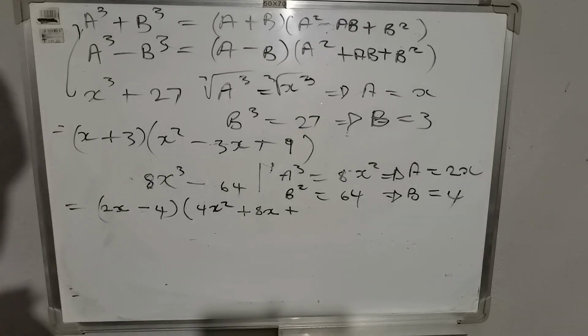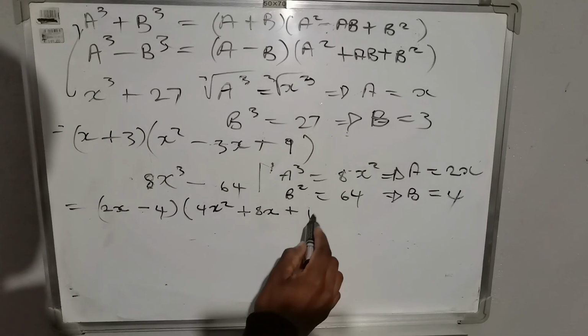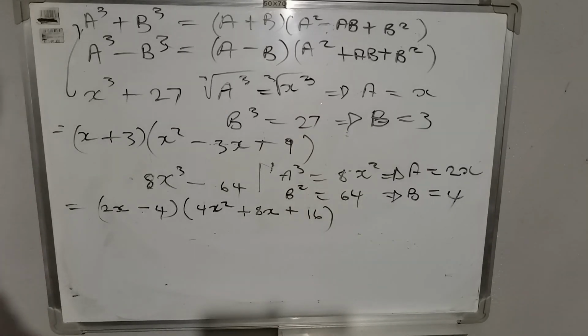When we square 4, my calculator says we get 16. Then we are done. So if you foil this, you must get this.